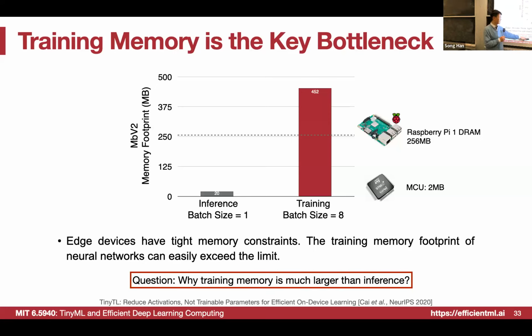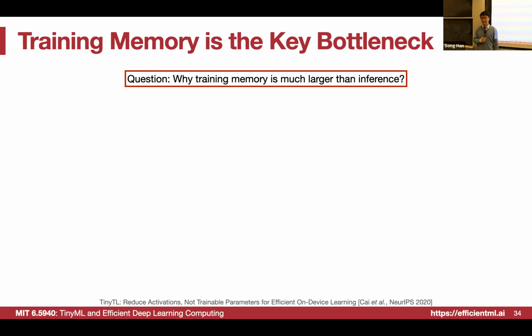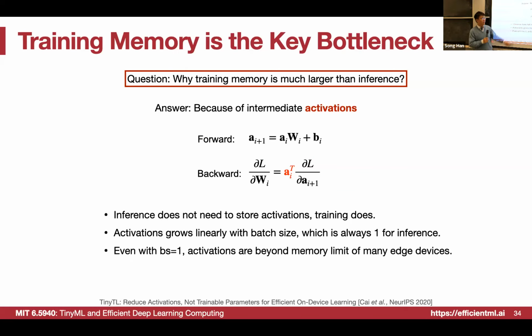Let's try to analyze why training memory is much larger than inference, especially for CNNs. The answer is due to the intermediate activations. Remember the chain rule. When we are doing the forward pass, we calculate layer by layer. Unless we use patch-based inference, usually we do it layer by layer. After computing one layer, the activation of that layer could be thrown away, and you can move forward to the next layer.